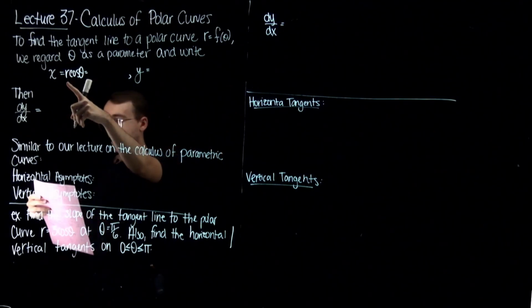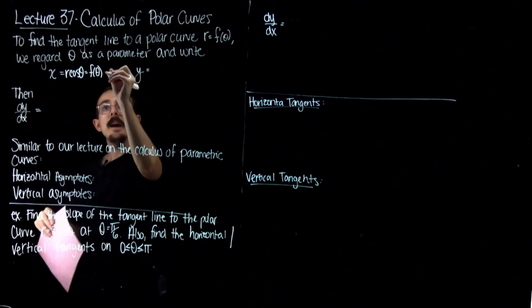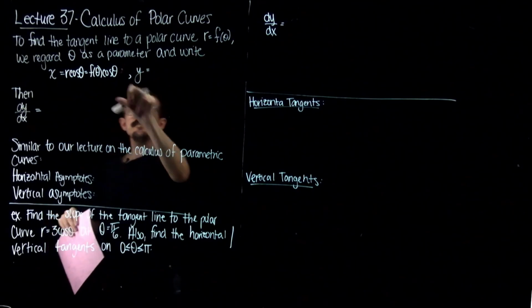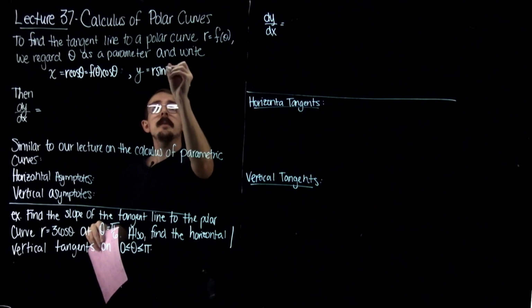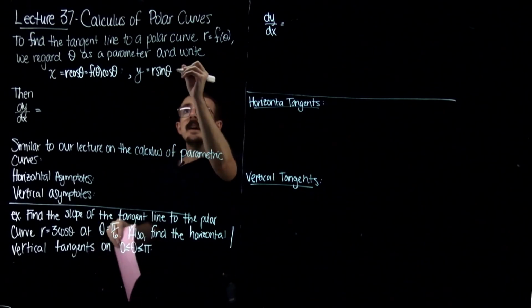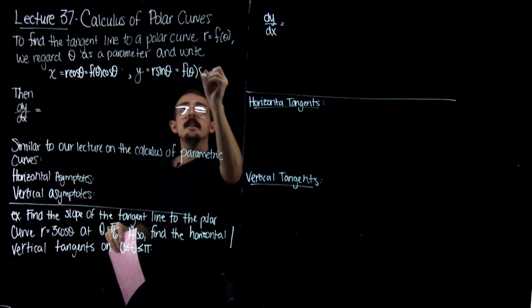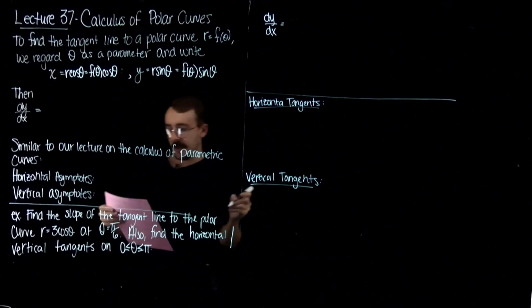So this r, I can replace with f of theta, based on the way I'm defining this. So this will be f of theta cosine theta. And for y, recall that the polar formula is r sine theta. Again, I can rewrite this as f of theta sine theta.